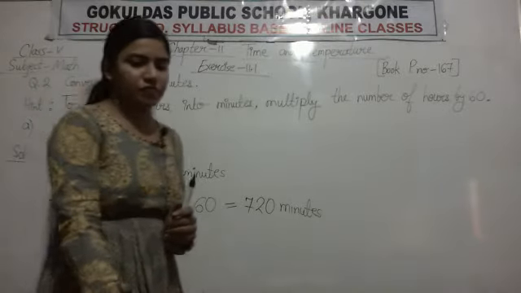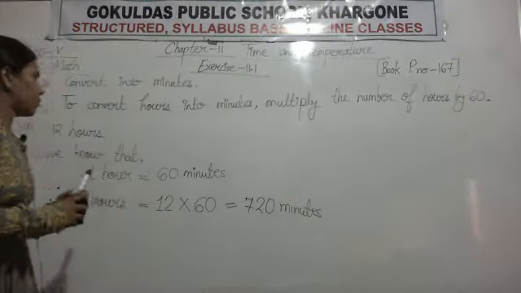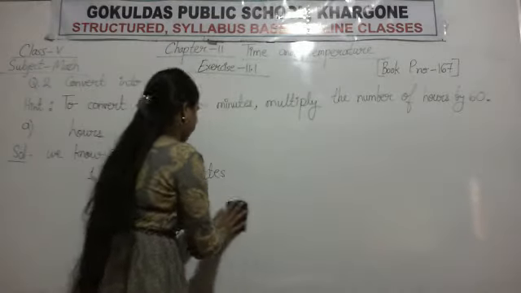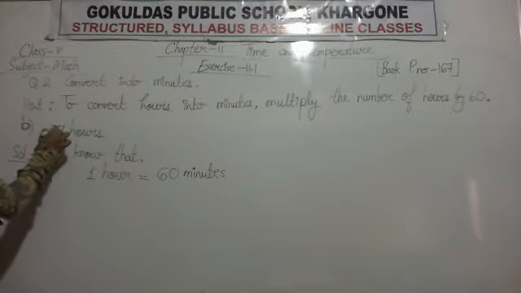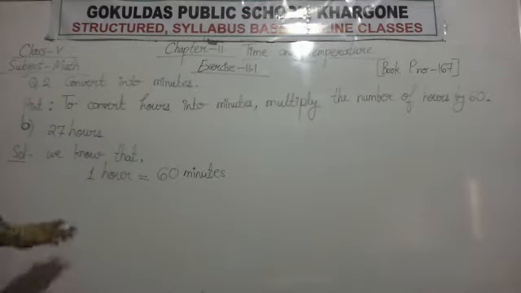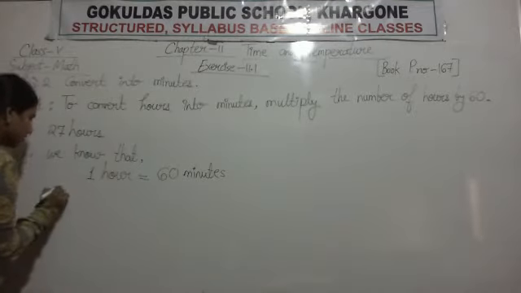B. The given hours are 27 hours. We know that 1 hour is equals to 60 minutes.